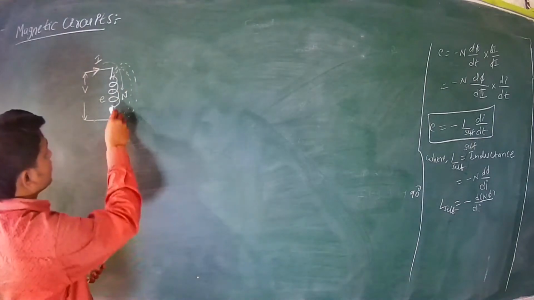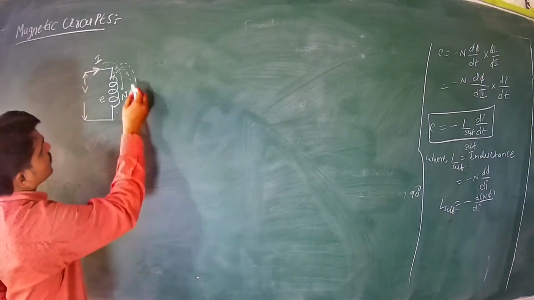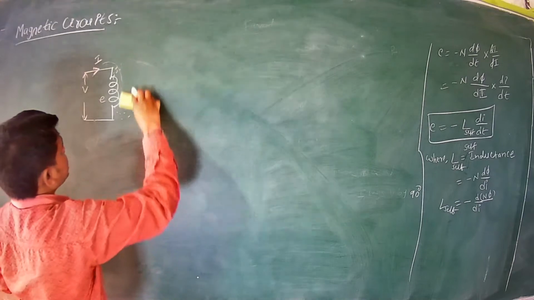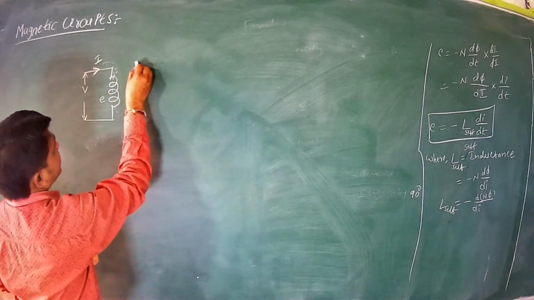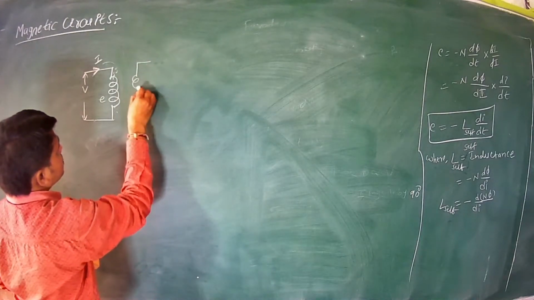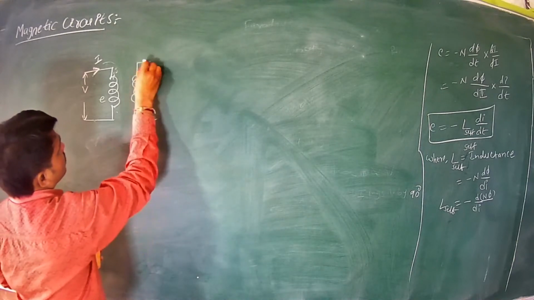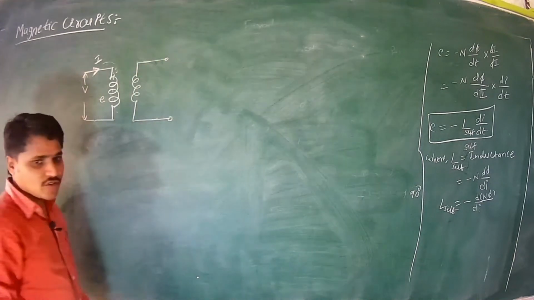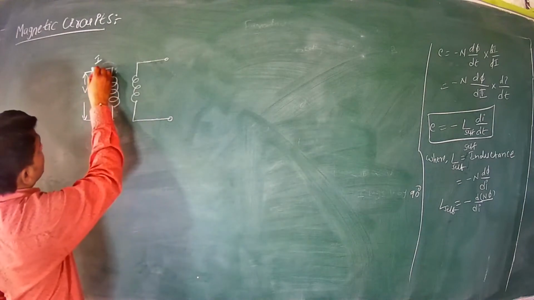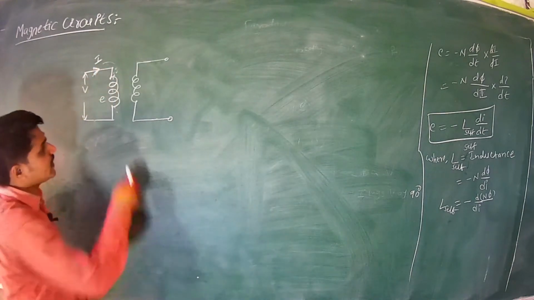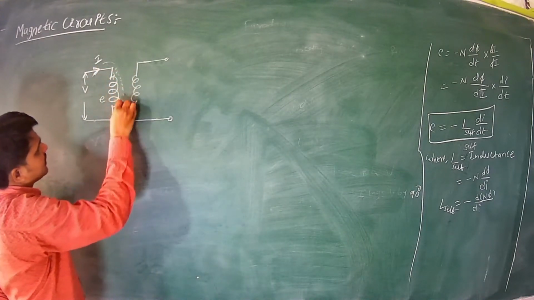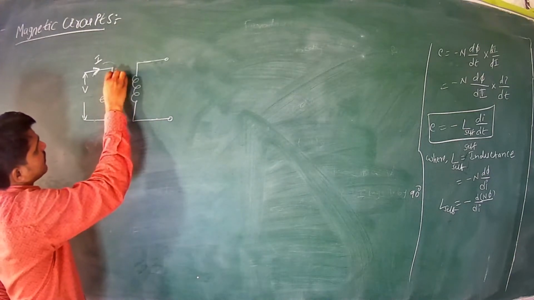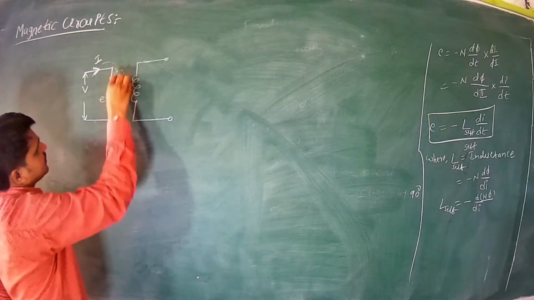So see here. Now this coil. Now there is another coil, which is very near, in proximity to this first coil. Now see, whenever you allow the current into this first coil, the flux is generated. Let us say that this is the flux direction.